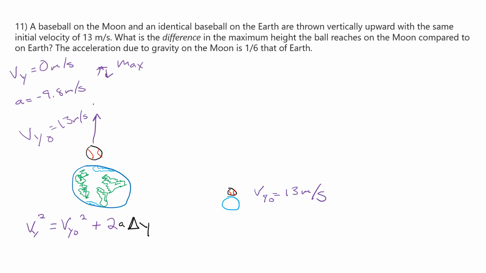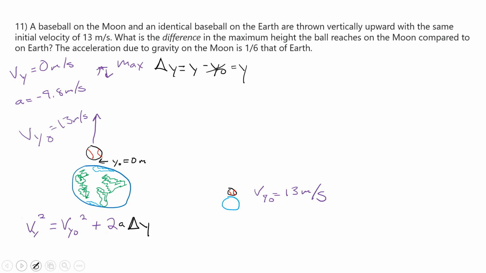And delta y is going to give me my maximum height. Remember that delta y is equal to my y final minus my y initial, and way down here, my y initial is 0 meters. So the maximum height is just basically going to be y, because when I say minus 0, I'm just going to be left with y. So anyways, I need to plug some numbers in and figure out what I get.